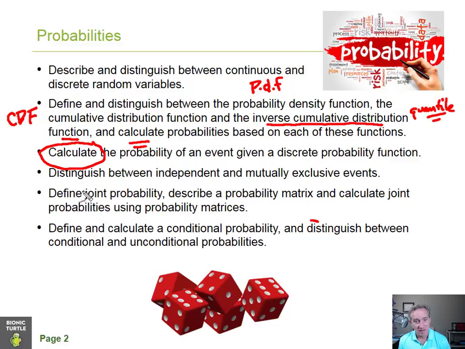GARP has accepted and acted on feedback, and these verbs, what I call the action verbs, are very deliberate and intentional at this point, right? The difference between a describe, a define, and a calculate action verb implies a higher level of skill. That implies we need to have the skill to actually perform the calculation.